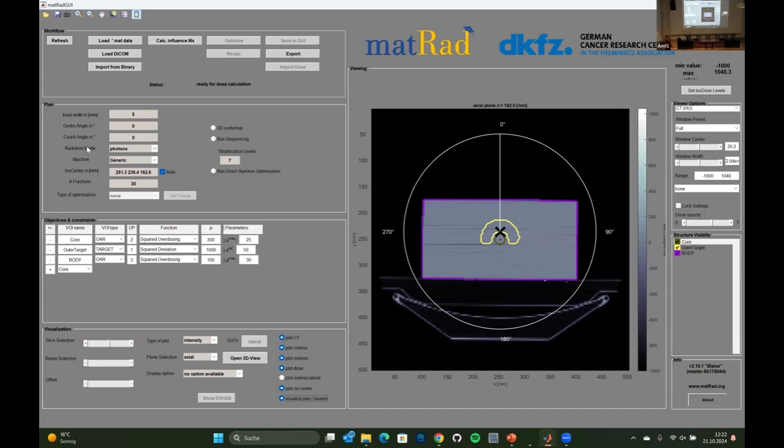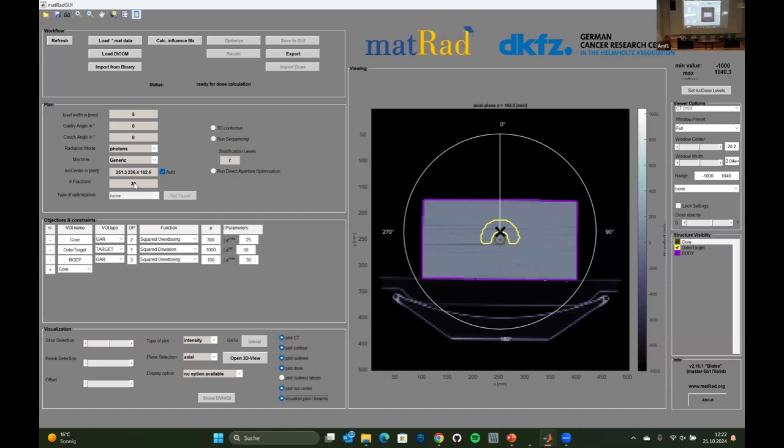As said, the radiation mode stays at photons, and the machine. We have a number of fractions. We will keep the fractions untouched. The nice thing about fractions is that if you have 30 fractions and 60 gray, it will be 2 gray per fraction. Except for biological considerations, which we can discuss later, for visualizing it, it doesn't play a role at the moment.